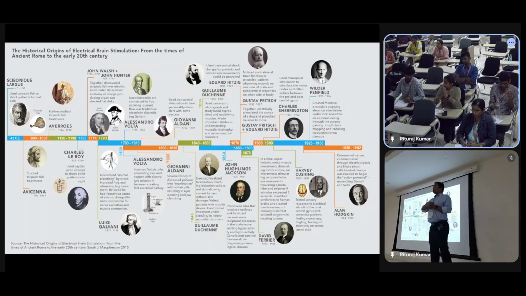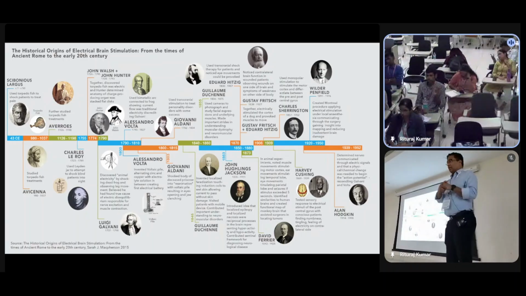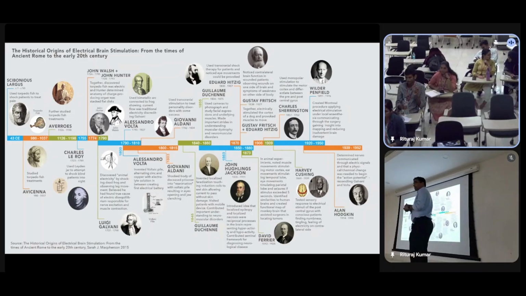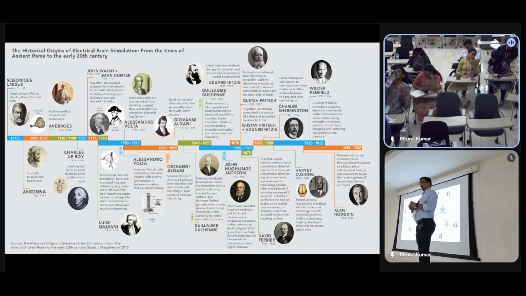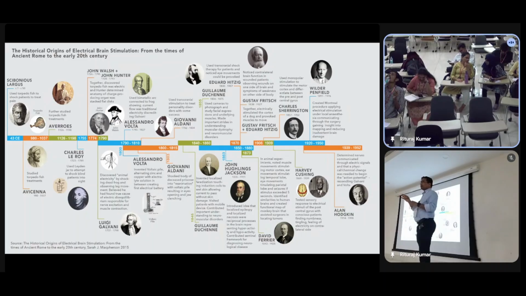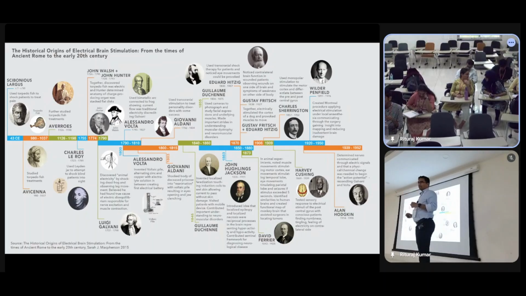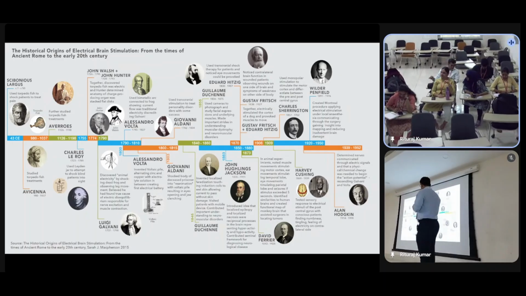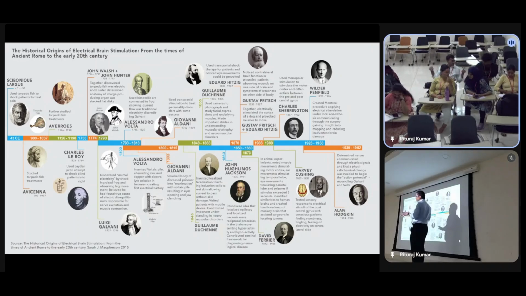So now let's come back to the stimulation. So when we stimulate, we change the functional state of the brain. And structure, we may change over a prolonged period of stimulation, but we want to change the functional state, right? So brain stimulation is nothing new.